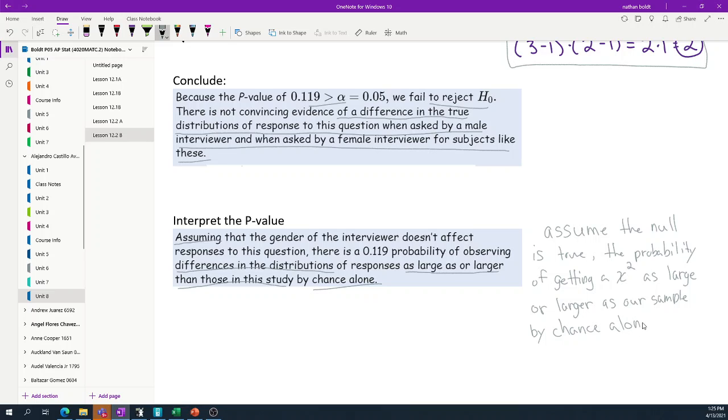It's been a while since we've seen a good sense for a p-value, but assuming the null is true, what is the probability of getting a chi-squared as large or larger as our sample by chance alone? And that probability is 0.119. So 12% essentially. Which is pretty big. That's a substantial chance, which is why we failed to reject the null. It's like, yeah, that could have happened. I'm not super surprised that you saw this. It's not surprising, so we don't reject our original assumption, the null.